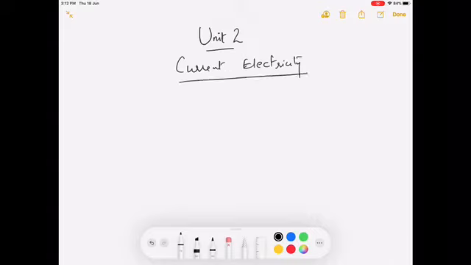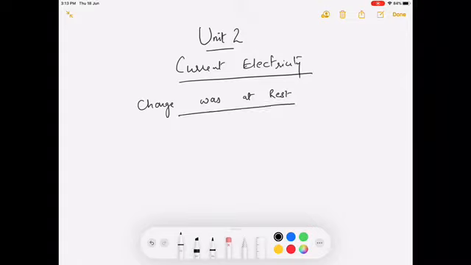In the first unit, we have studied about electrostatics, that is when the charge was at rest. Charge was at rest: the properties of charges, the potential, electric field, electric gradient, electric dipole. Now charge is in motion.